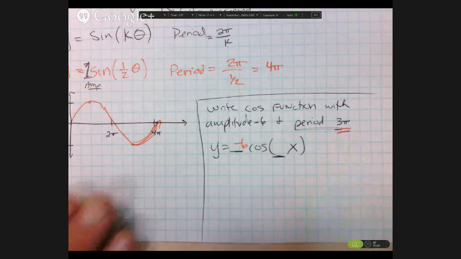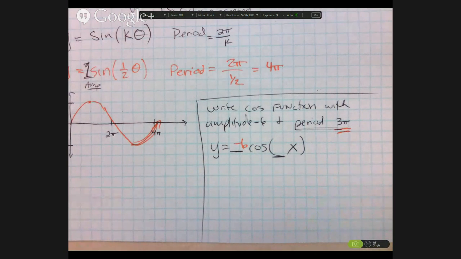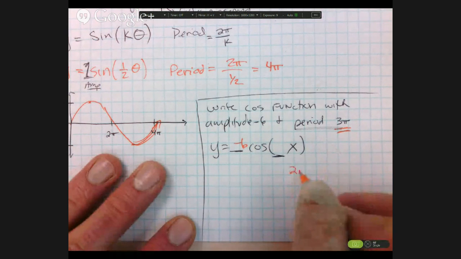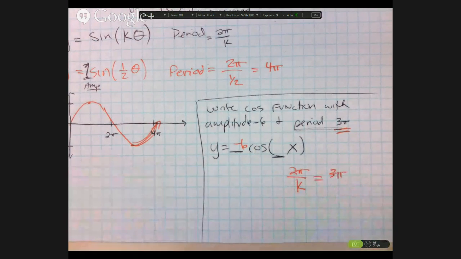How do I use that to find K? That's the question at hand. The period is 2 pi over K, right? It is also 3 pi. Solve for K. 2/3. Yep.